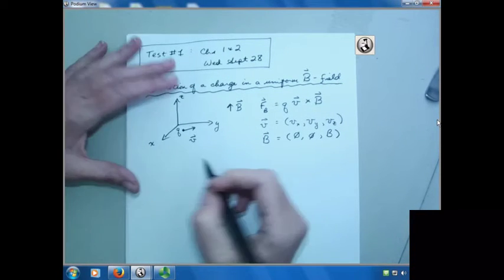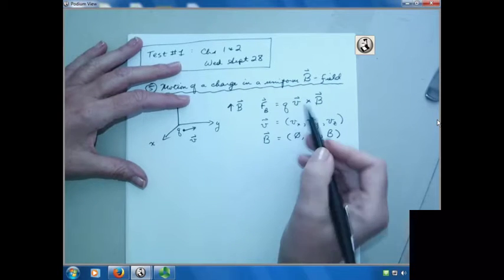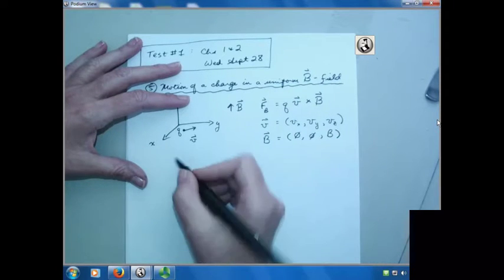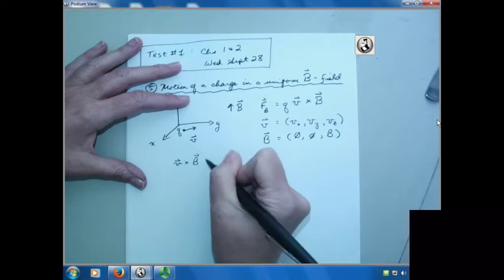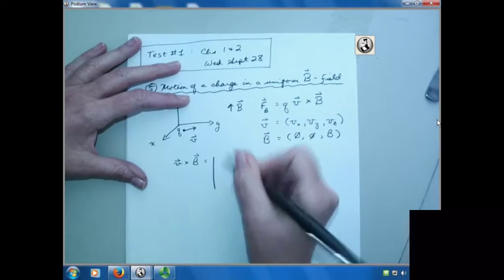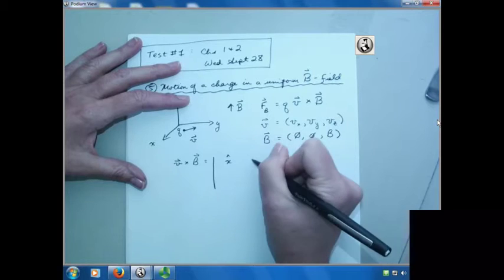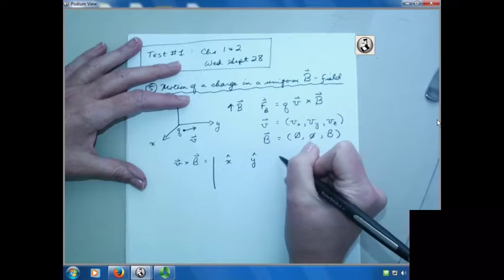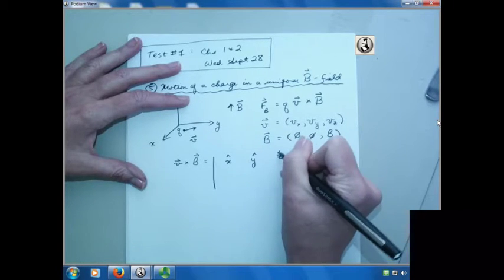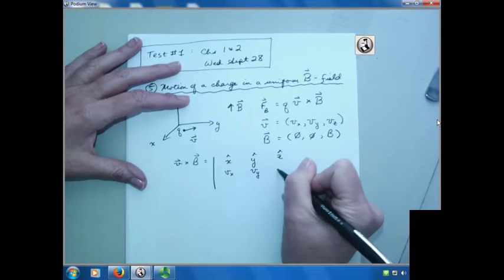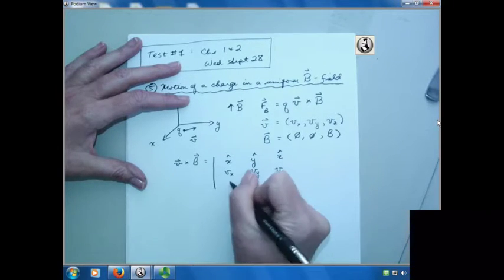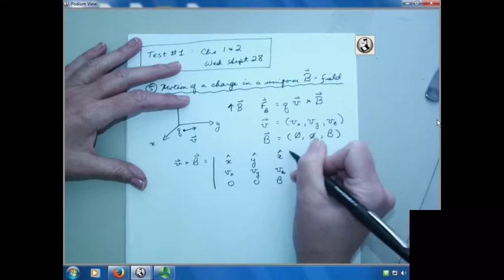Okay. So in this case, the first thing I have to do is calculate this cross product of V and B. And I remember it's the 3 by 3 determinant of the matrix, whose first row is x hat, y hat, z hat. The second row are the components of the velocity, and the third row are the components of the magnetic field.